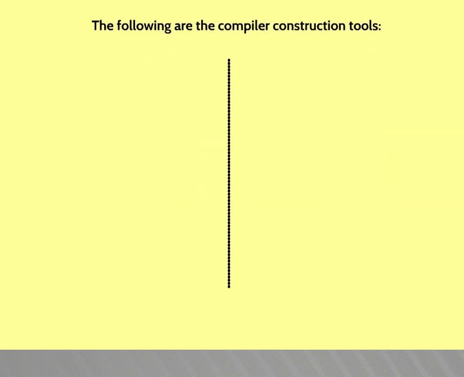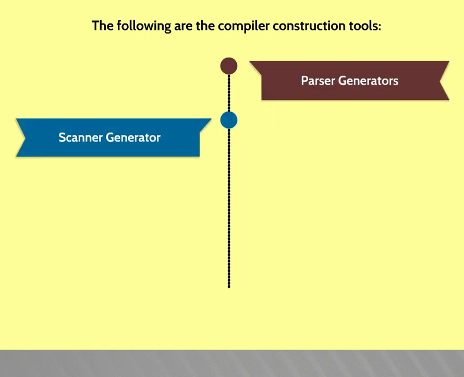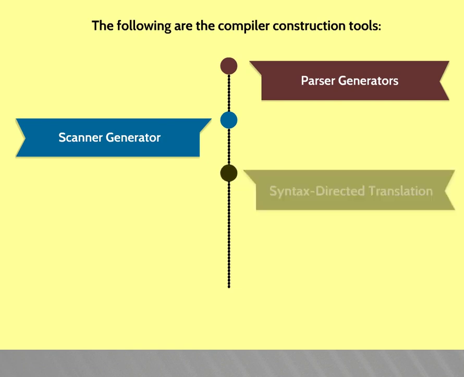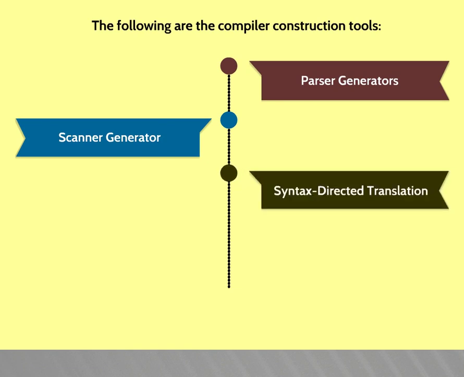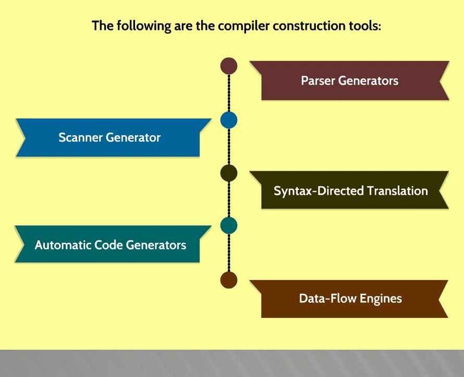The following are the compiler construction tools: parser generators, scanner generators, syntax-directed translation, automatic code generators, data flow engines.